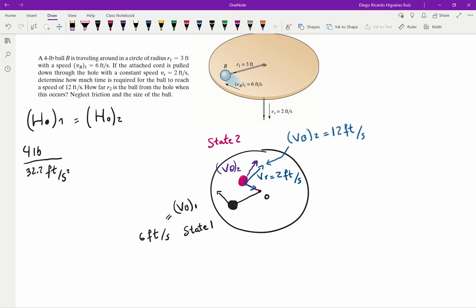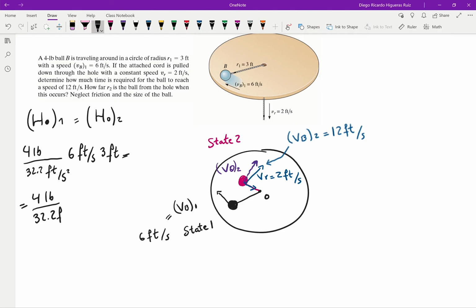This velocity is the 6 feet per second times r, which is 3. And that's going to be equal to the same mass, right?